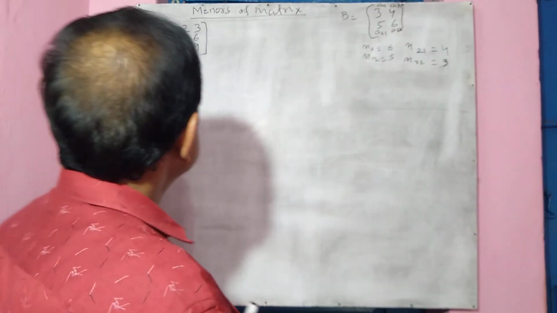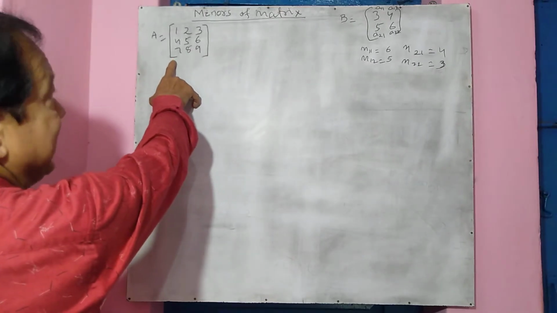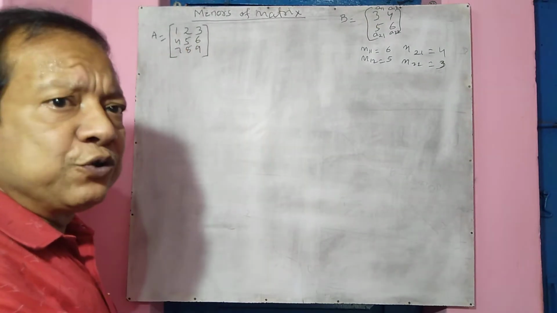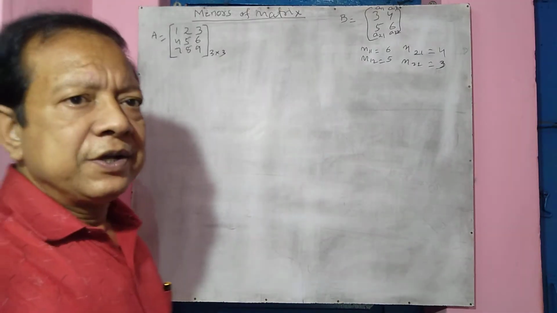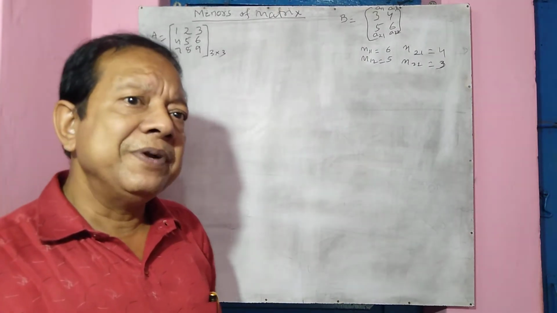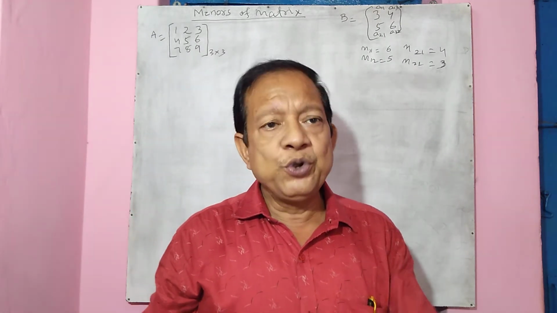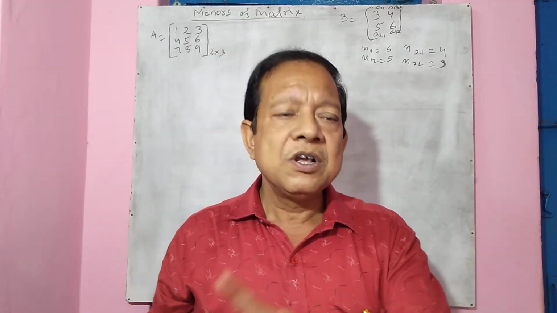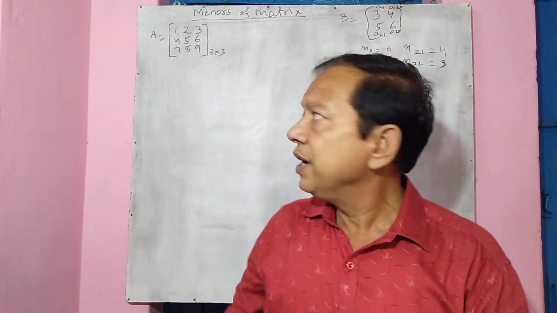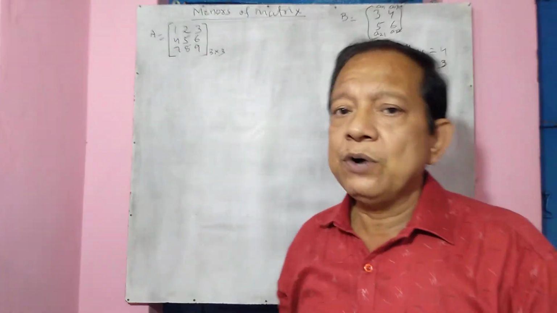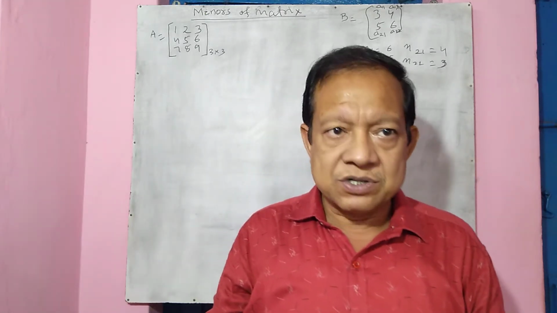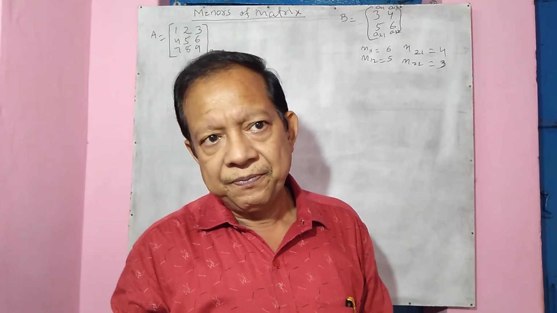Here I have taken an example of matrix A, which is a 3 into 3 matrix. Here we have 9 elements, so you can find out all 9 minors of this matrix.